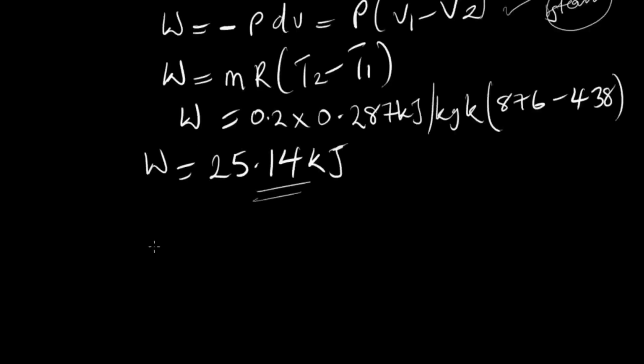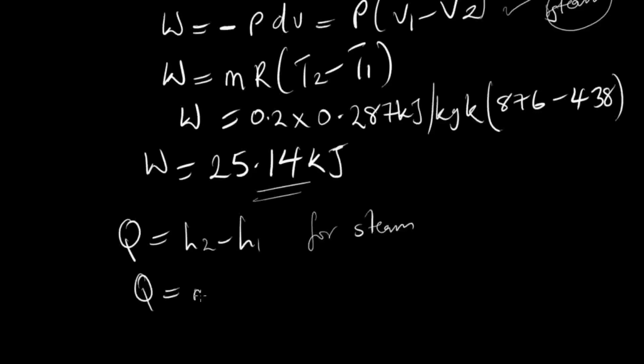Remember from our proof in the last video that Q is equal to H2 minus H1, that is for steam, and also we derived that Q is equal to mCp(T2 minus T1).